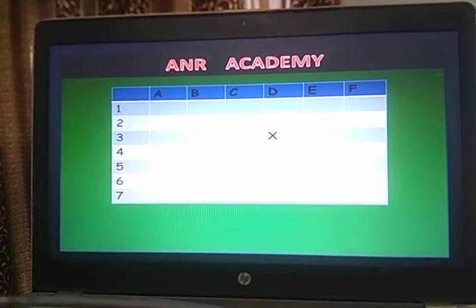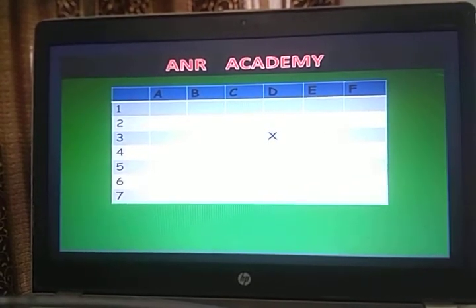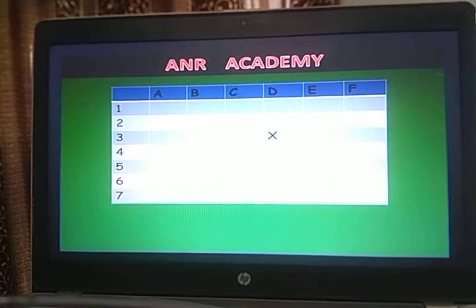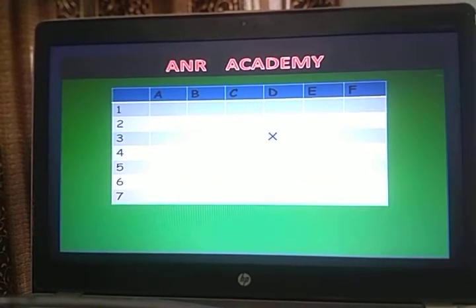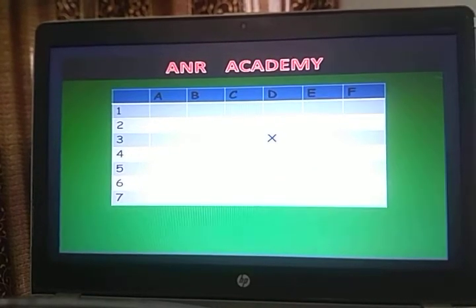No. In order to locate that point X, we need to say two things. Number one, the column, and number two, the row. That means the point X is located in D column and in third row.